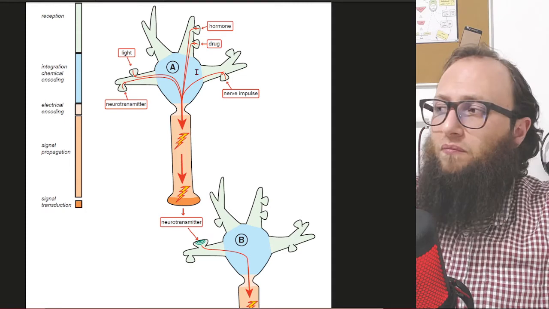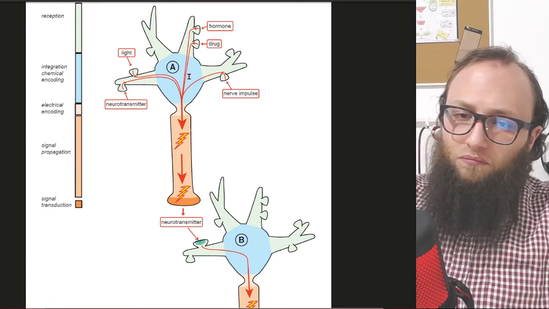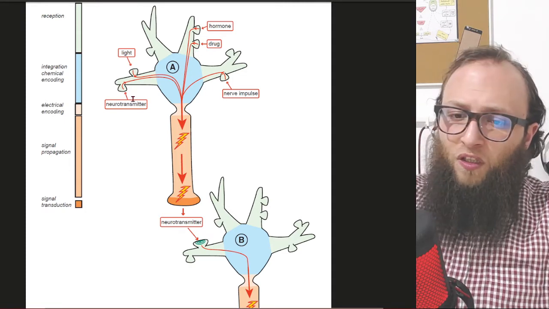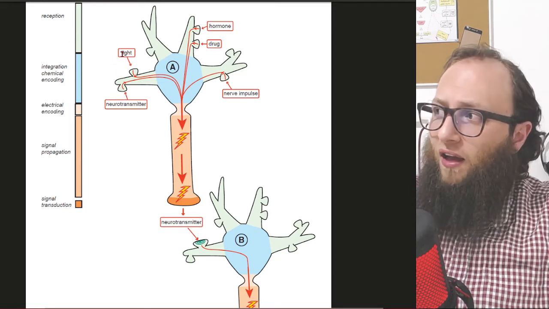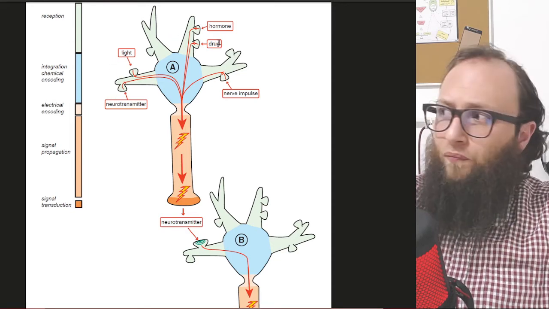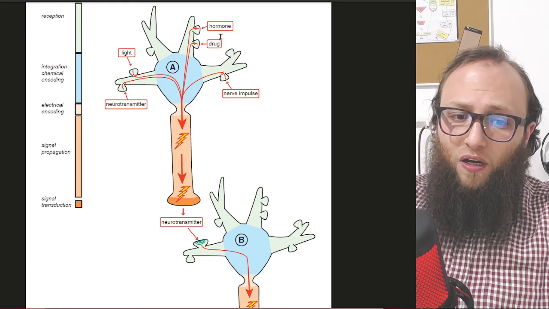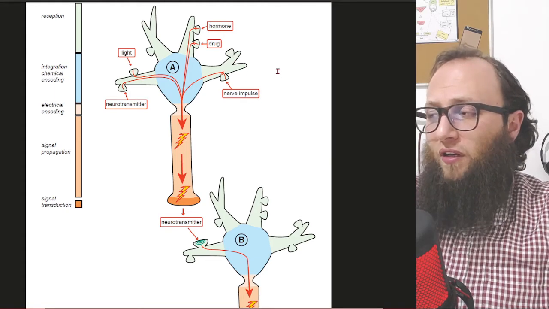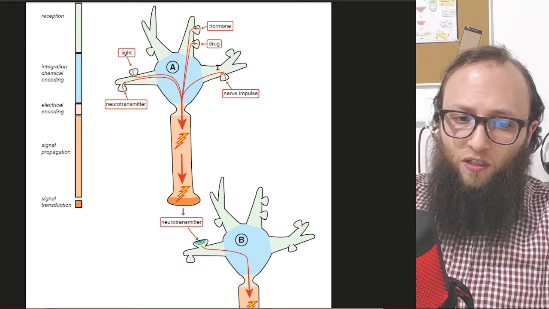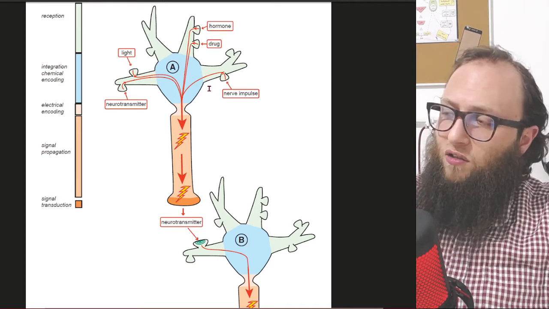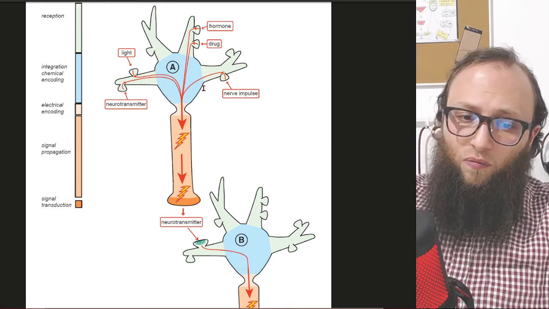For example, this neuron could be stimulated by neurotransmission, by light, by drugs, by hormones, by a nerve impulse from another neuron. So let's just assume that this neuron is stimulated.